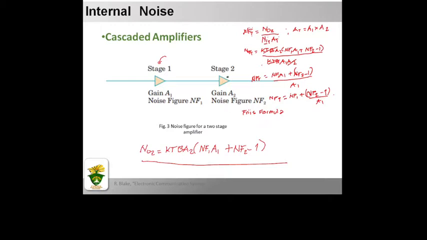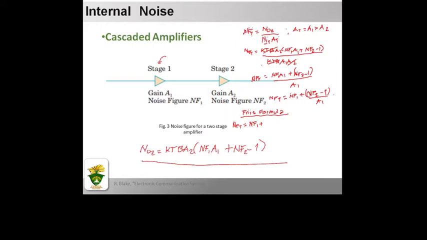So if we have numerous stages, we can have this general equation of Friis law. So we have NFT equal to NF1 plus, let me erase some to emphasize.